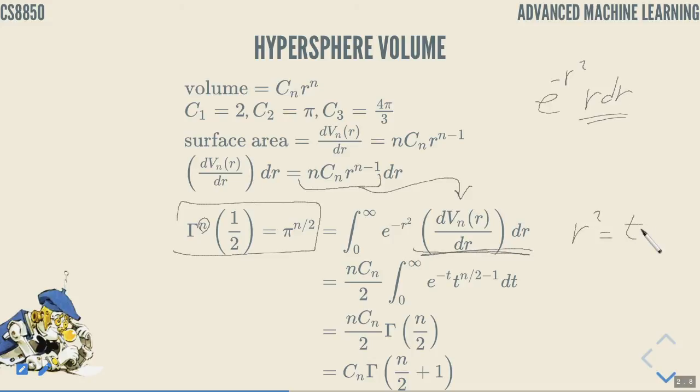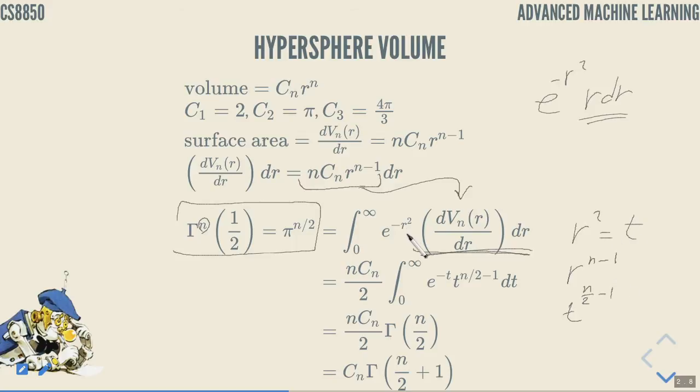So when we substitute our square with t, r to the n minus 1, then t, that's how the n over 2 minus 1 comes, because of this substitution.